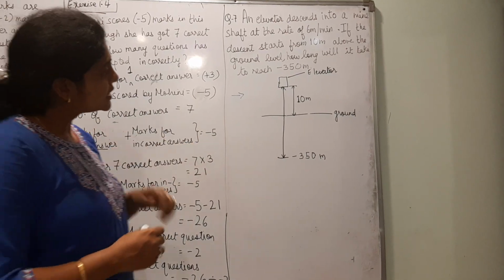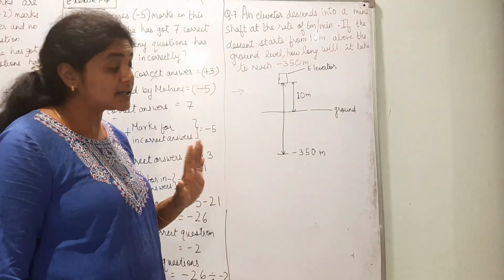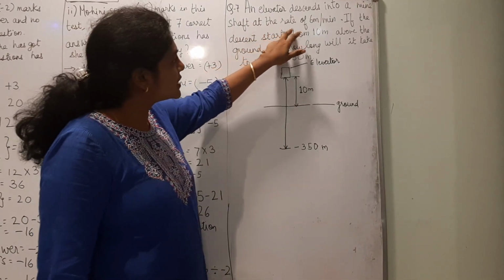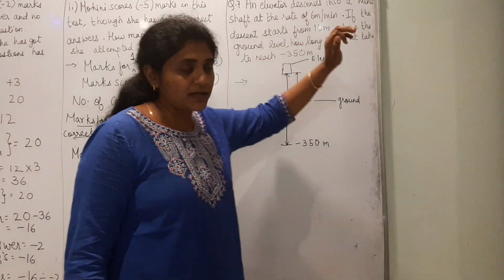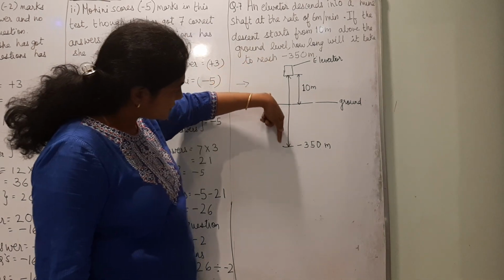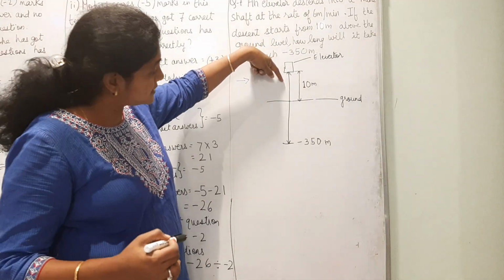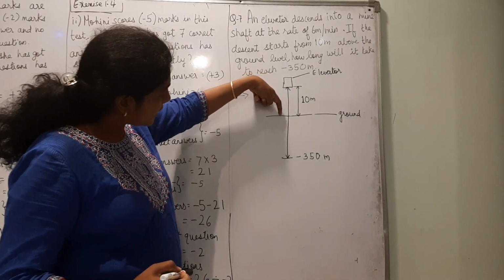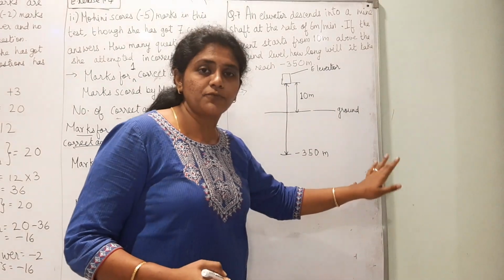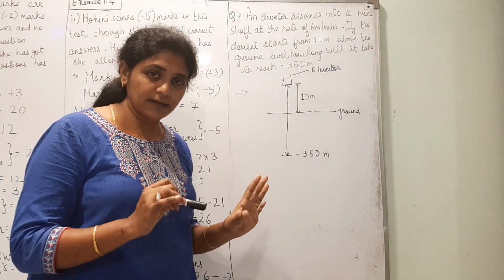You have to find how much time it takes. The rate is given as 6 meter per minute. This lift, which is carrying some men, has to come below at minus 350 meter. So how much time will it take?